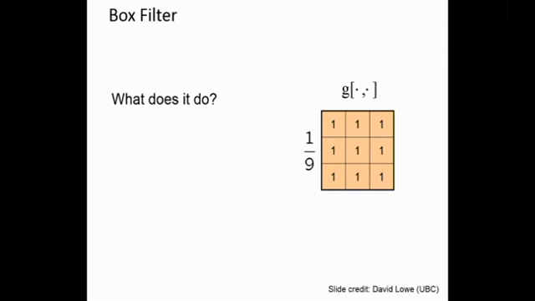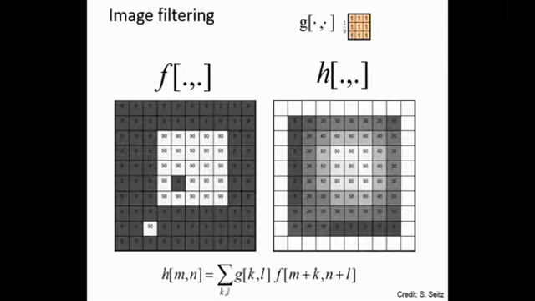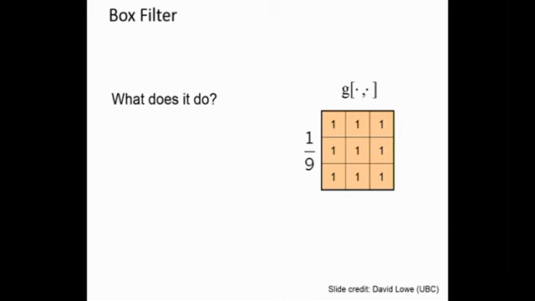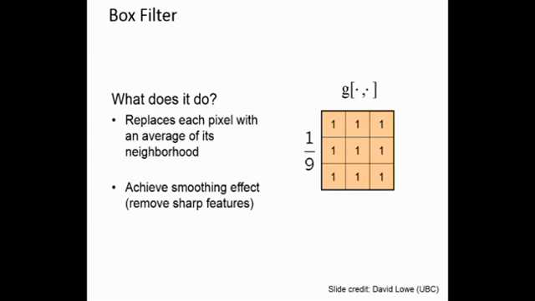Yeah, so that's one way of describing it. So it creates some kind of smoothing effect. If you look back at this, this was very sharp. This has more of a gradient to it. What kind of mathematical operation is it doing on local neighborhoods? Averaging, right. So it's replacing every pixel with the average of its neighborhood.